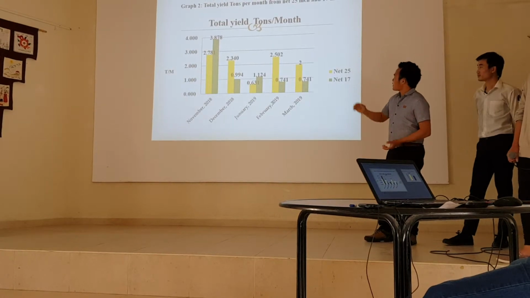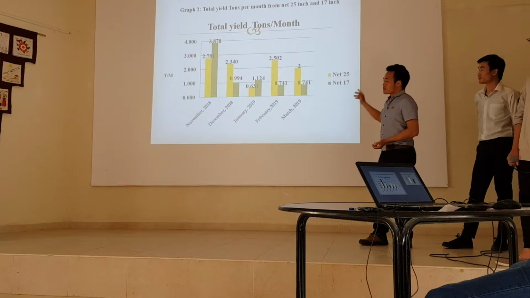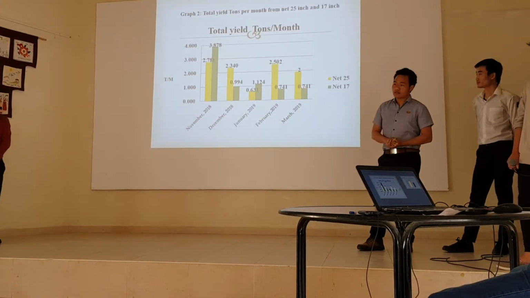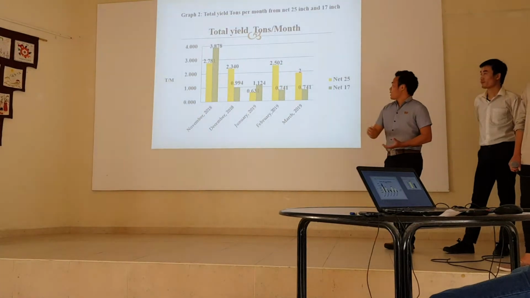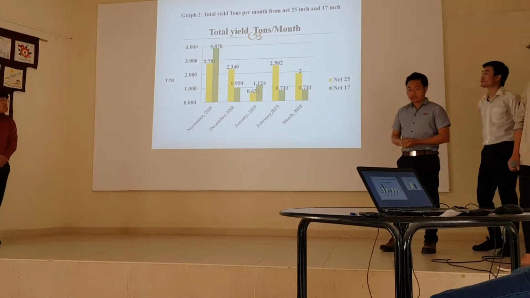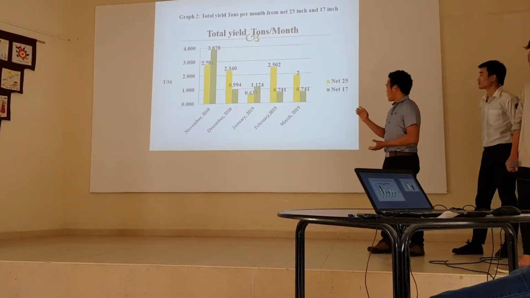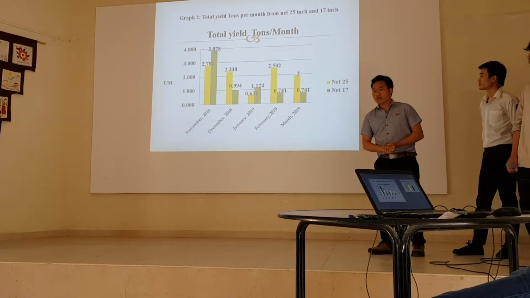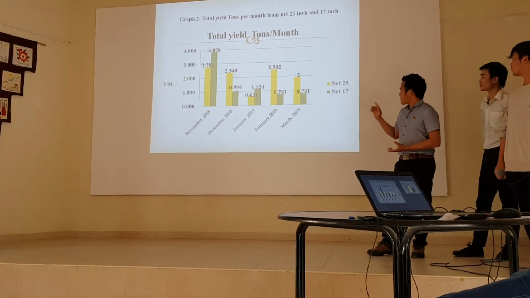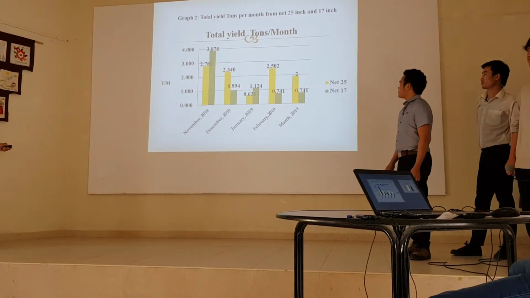Neck 25 had 2.781 tons per dunam, and neck 70 had 3.878 tons per dunam. The month with the lowest yield was January 2019. Neck 25 had 0.631 tons per dunam, and neck 70 had 1.124 tons per dunam.